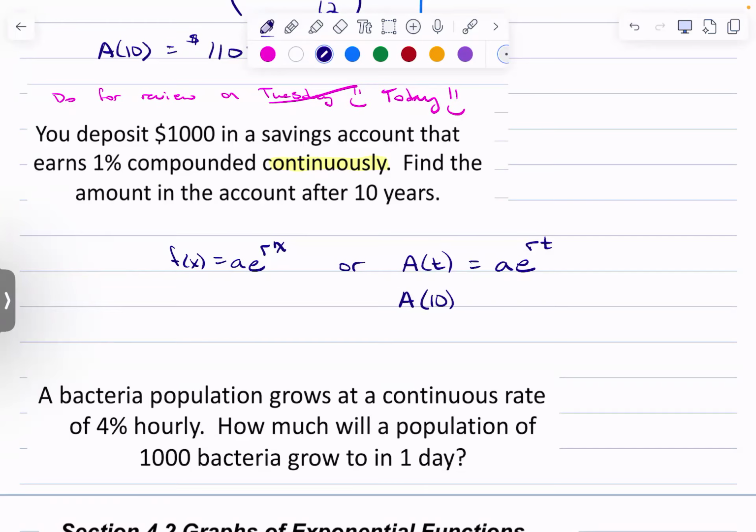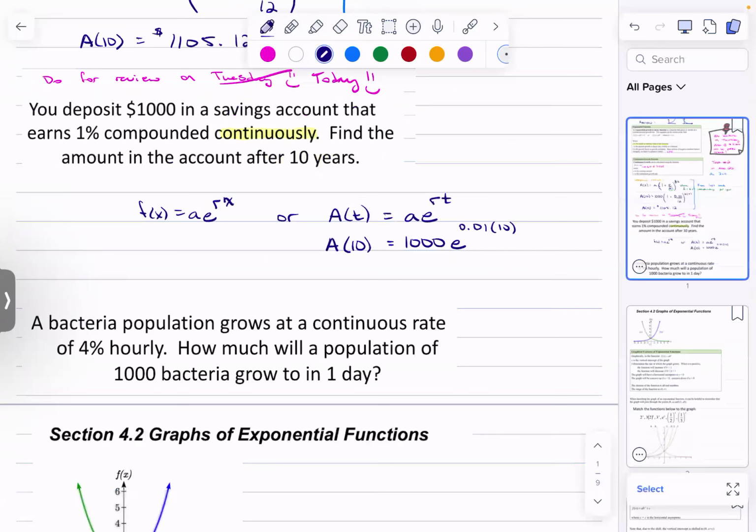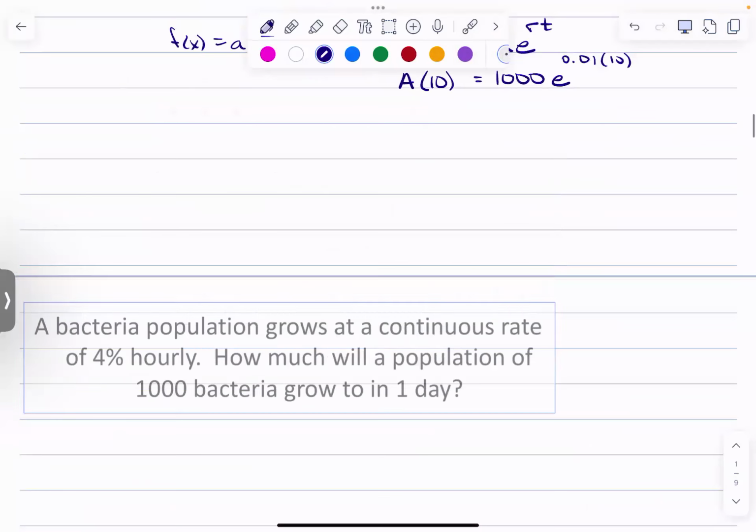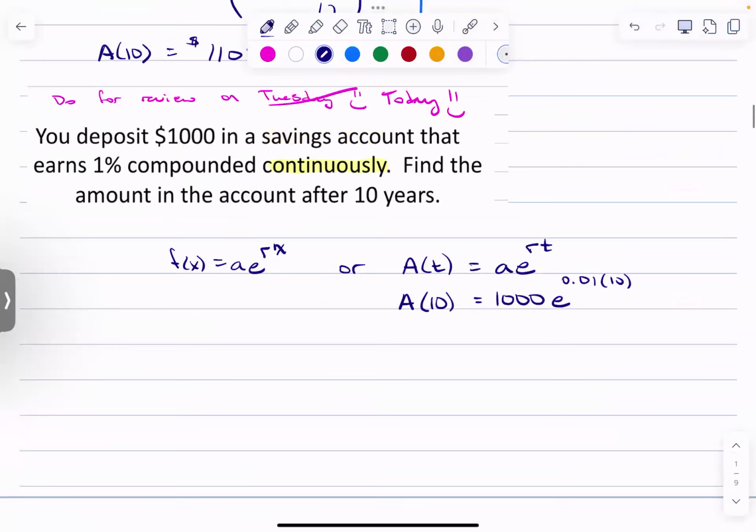We want to find A of 10, starting at $1,000. E is just a number, right? So times e to the power of 0.01 times 10. Start with that power, 0.01 times 10.